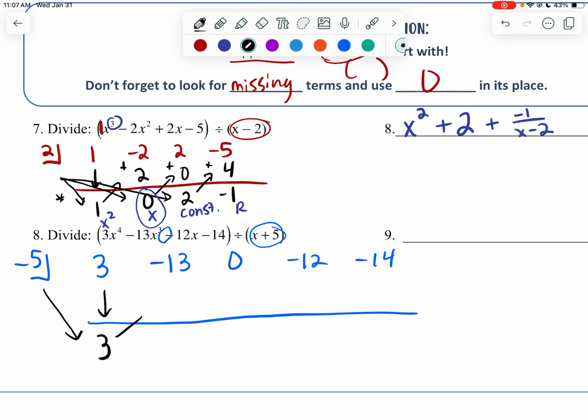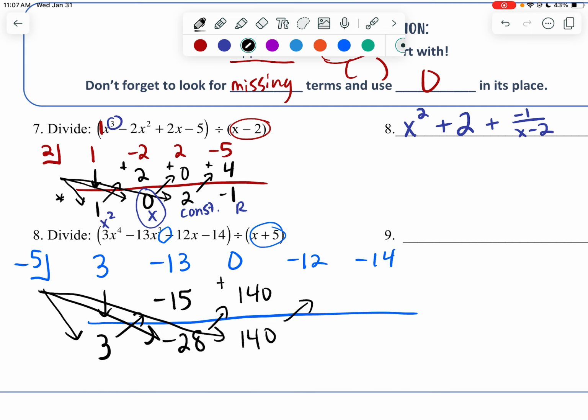But we can multiply. So bring down the first number and then multiply. It's -28. And then, yes, I'm going to need my calculator. So -5 times -28 is 140. We're going to multiply again.